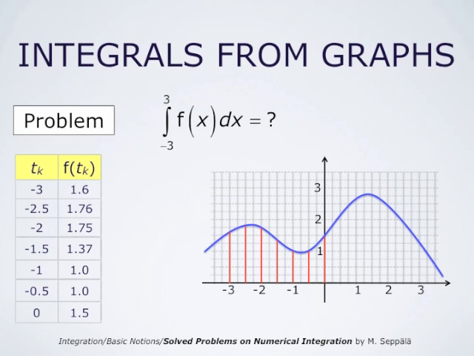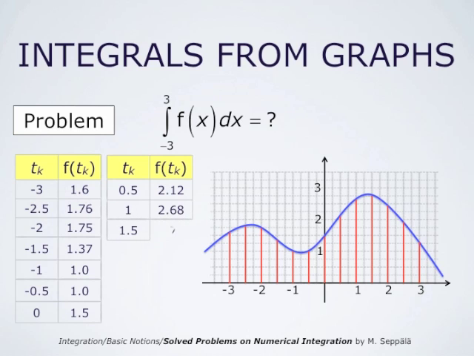These estimates have been obtained simply by looking at these graphics. Likewise, on the positive side, we have to estimate the value of the function at the left endpoints. And from this picture we get that the value at 0.5 is about 2.12, at 1 it's about 2.68, at 1.5 2.75, at 2 2.48, at 2.5 1.98, and at 3 1.25.